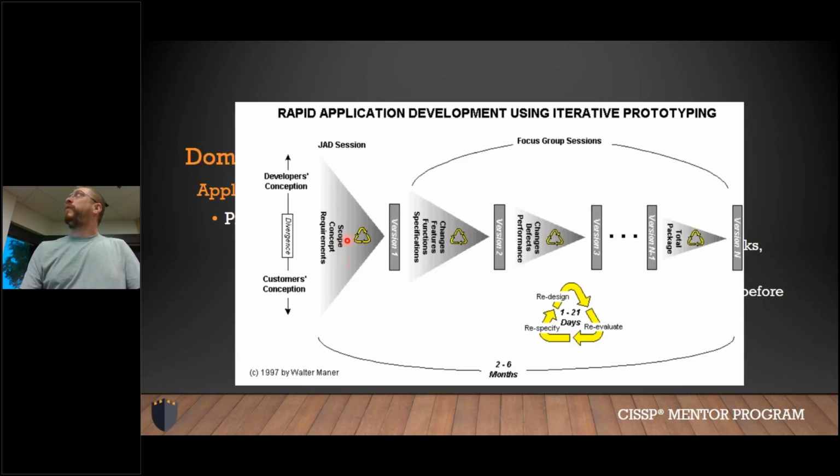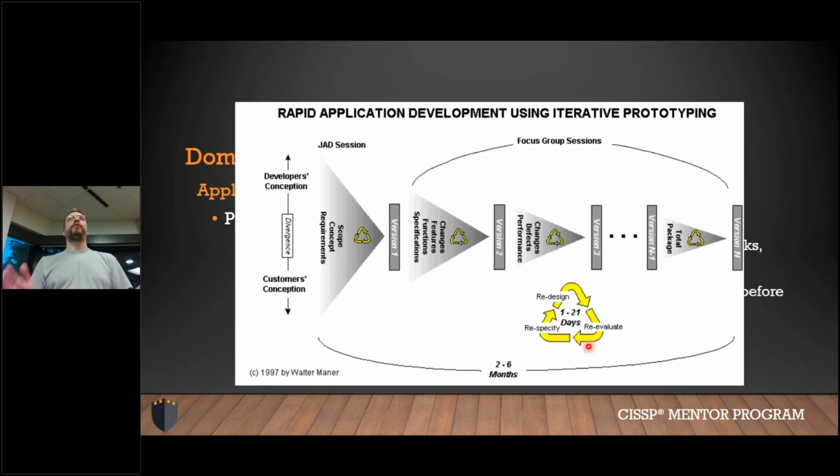When you look at rapid application development from concept to final, you're looking at 2 to 6 months. Each one of these phases, each one of these versions, is going to be 1 day to 3 weeks.